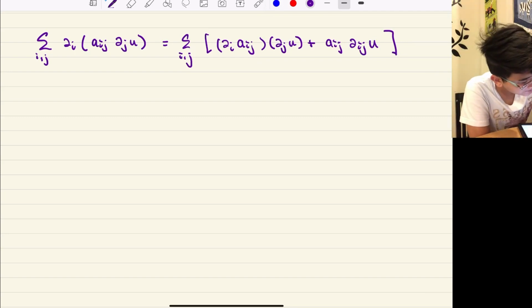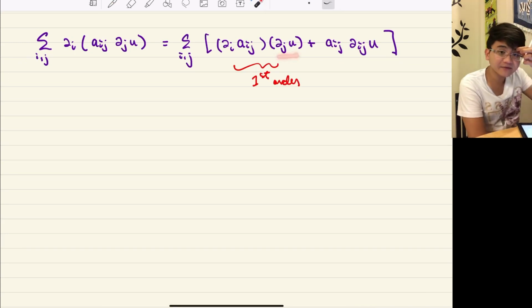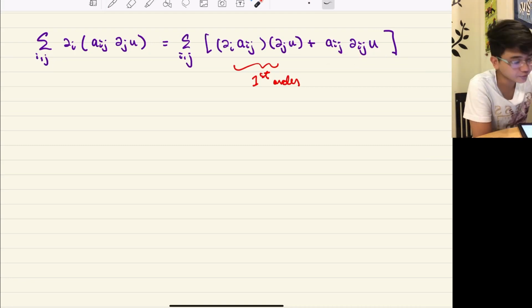So I have here a first order term, because it only involves first derivatives of u, and this is now my second order term.